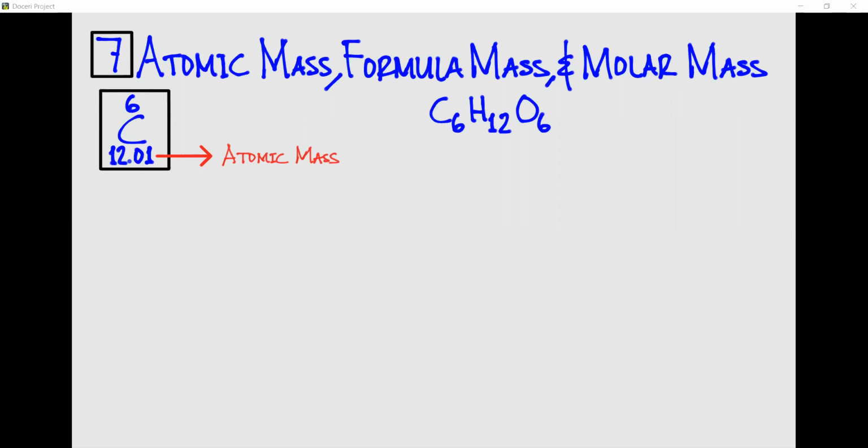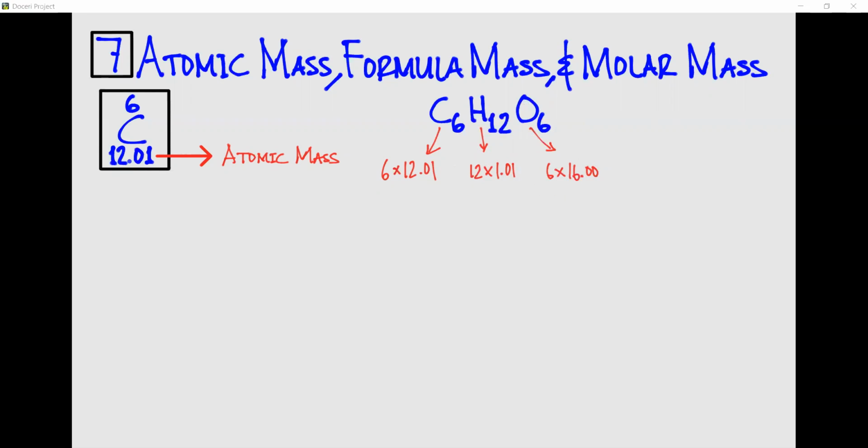When you look at this molecule right here, which is glucose, it's sugar, it has 6 carbon atoms, 12 hydrogen atoms, and 6 oxygen in its chemical formula. And so when you add up the atomic masses of glucose, right? So you have 6 times 12.01, 12 times 1.01, 6 times 16. Again, these numbers right here are the atomic masses of the elements.